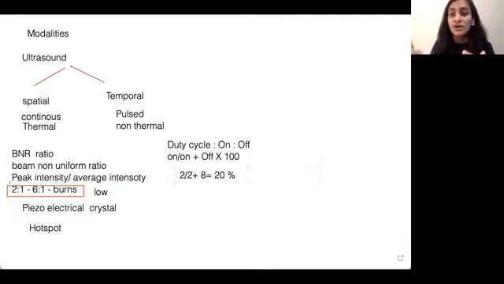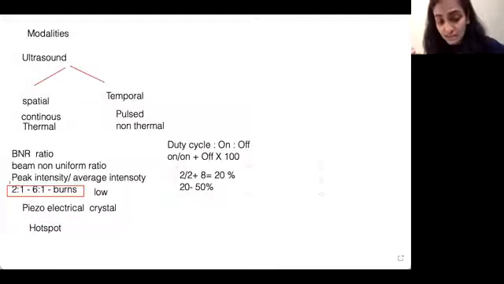Okay, usually when you're giving a non-thermal ultrasound, what should your duty cycle be? Your duty cycle should be 20 to 50%. It should not exceed 50%. Ideally, 20% is the best, but 20 to 50% is acceptable.